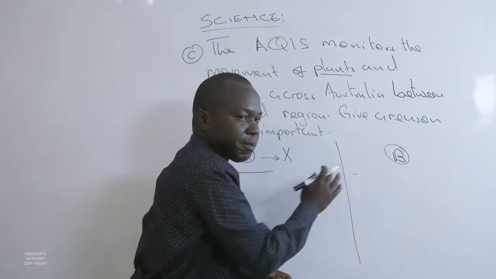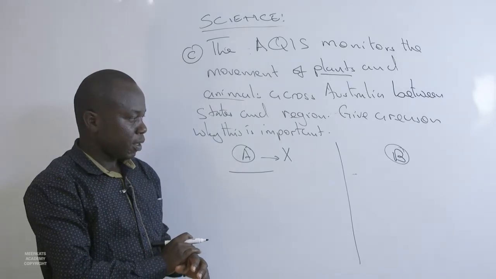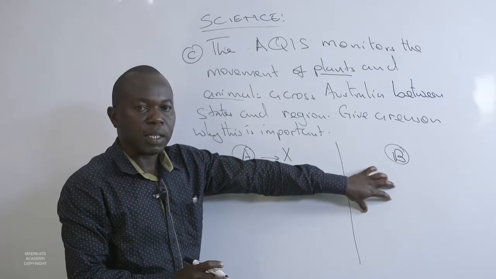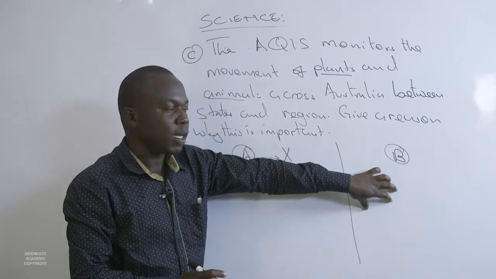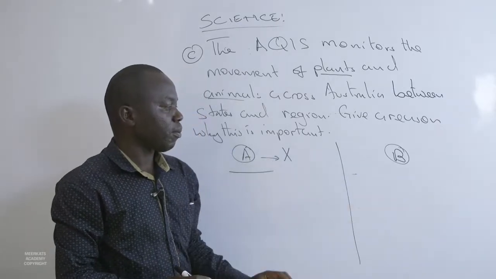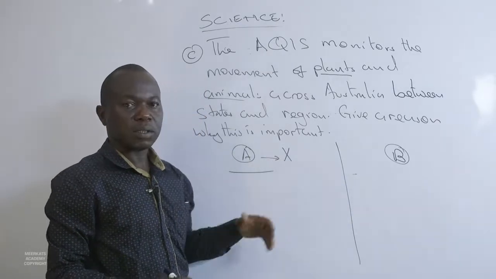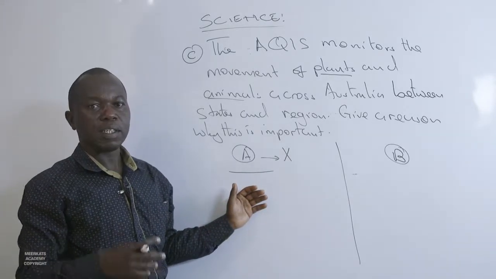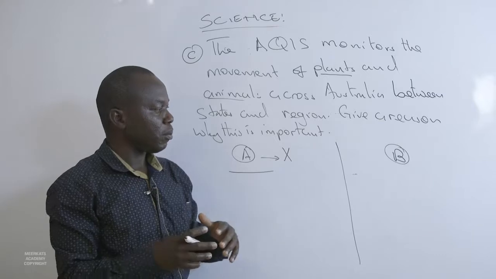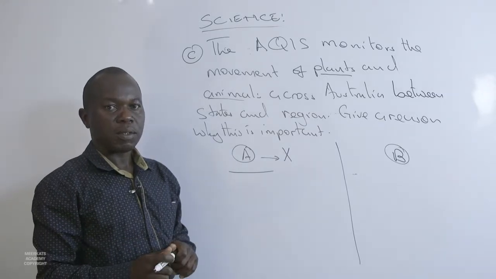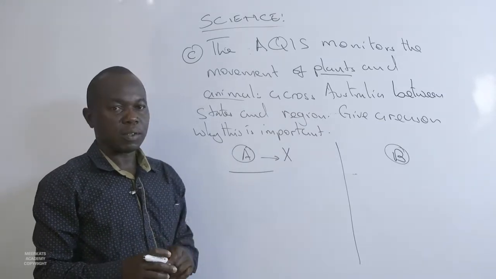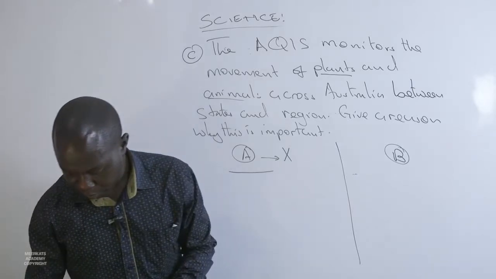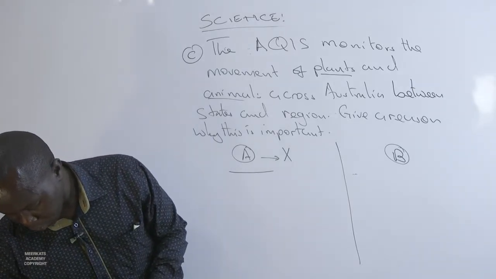Because if it spreads to the other end, it becomes a problem in areas where it was not a problem. Therefore, the magnitude of efforts to control the spread and even treat the disease will be even larger. And remember, this comes with a cost. So this is a way of avoiding such cost.